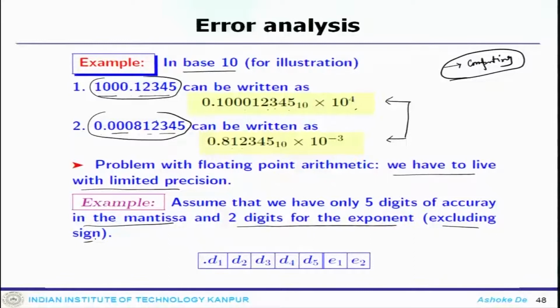So, the 5 digits of accuracy are D1, D2, D3, D4, D5, and then 2 digits for the exponent, E1, E2.